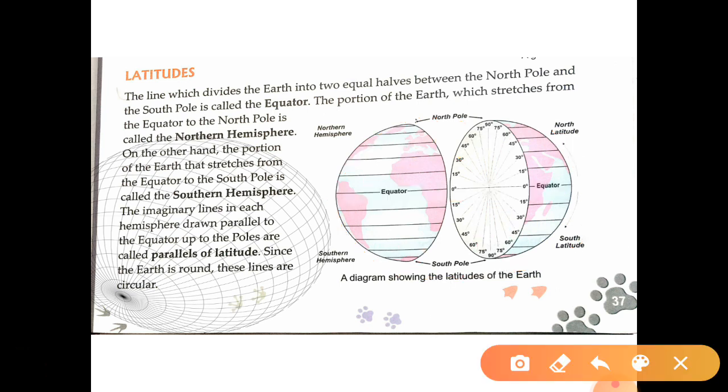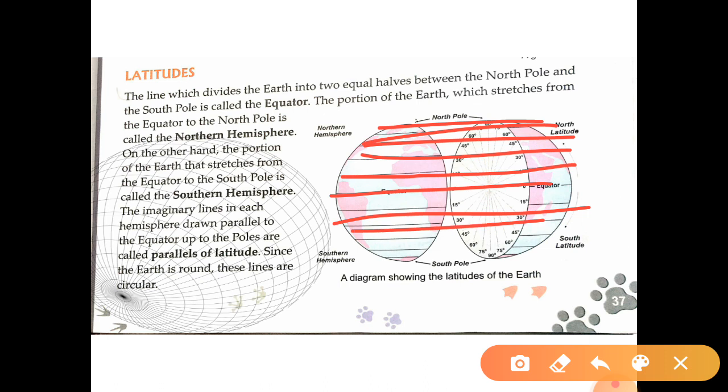The imaginary lines in each hemisphere drawn parallel to the equator up to the poles are called parallels of latitude. Notice that all the lines drawn here are parallel to the equator.